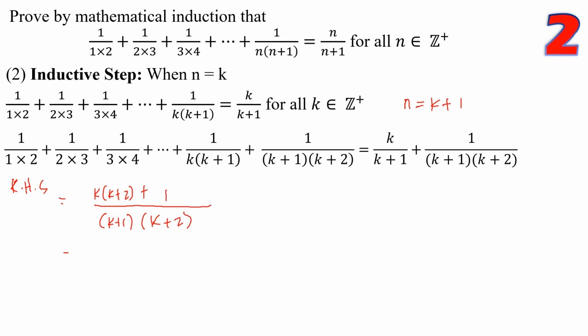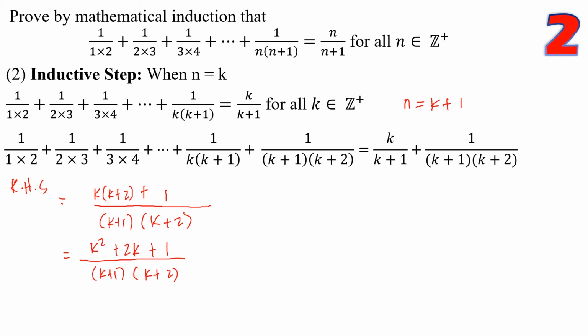And then we have, by the distributive property, k squared plus 2k plus 1 over k plus 1 times k plus 2. Notice that the resulting numerator is a perfect square trinomial, so we can show this in its factored form.